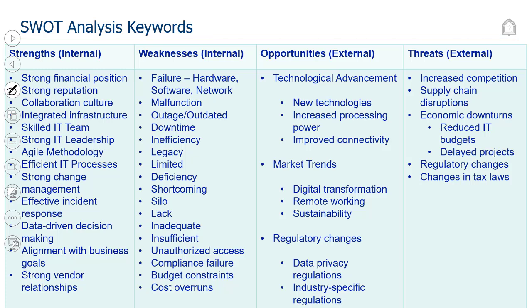If you're looking for strength, those are some of the keywords that will often come in. Things like strong financial position, strong reputation. And as Mariam said, these are your strengths. These are internal, okay? Now, some of these internal strengths are not mutually exclusive.